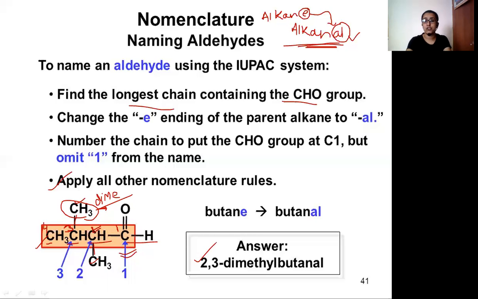So it is 2,3-dimethyl. The corresponding alkane is butane, where E is replaced by al, so it is butanal. So the name is 2,3-dimethylbutanal. I hope this much is clear. Aldehydes in IUPAC are named as alkanals.